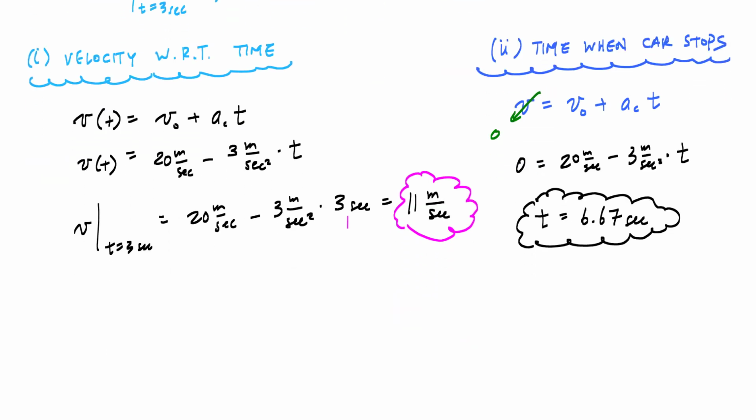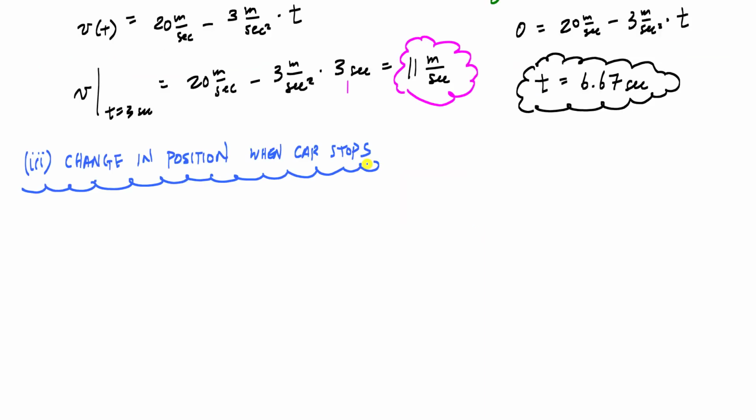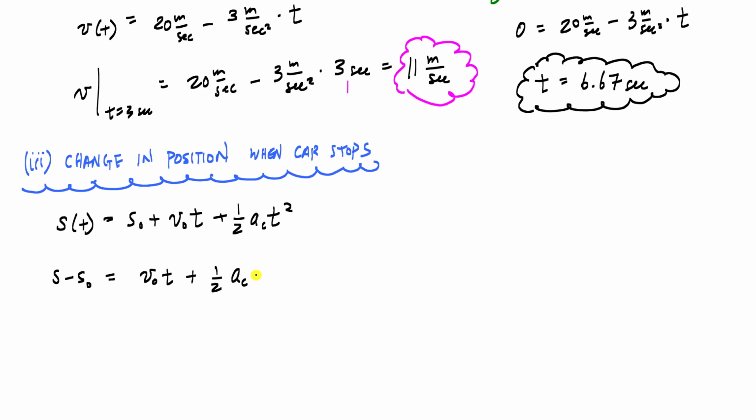Next, I want to find the change in position. And this can be done in 2 ways. The first way is that because I know the time it takes to stop, I can use my position function for constant acceleration, which is s of t, or position with respect to time, is s0 plus v0 t plus 1/2 a_c t squared. I know the time it takes to stop. The change in position would be s minus s0 is equal to v0 t plus 1/2 a_c t squared.